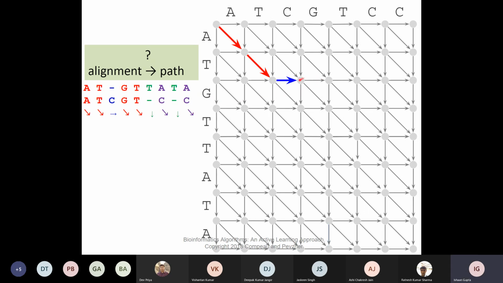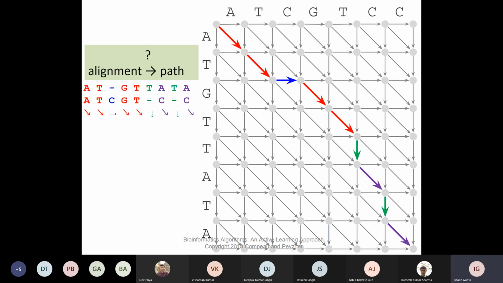Now there is again a diagonal move, G and T, because G and T are exactly the same. Then there is a deletion. So should we move right or should we move left? Down. We should move down, right? Then we move diagonally, then we move down again, right?